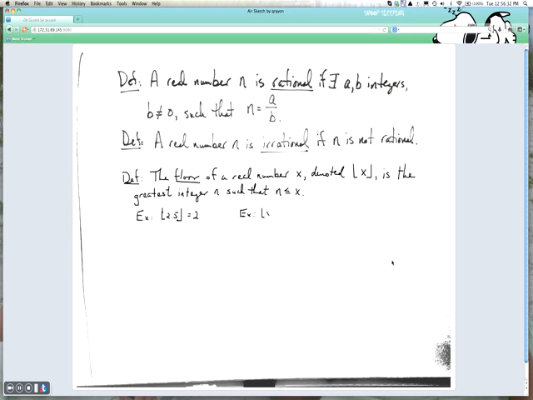The floor of 3 will still be 3, because 3 is less than or equal to 3. Okay, so that's what we mean by that.